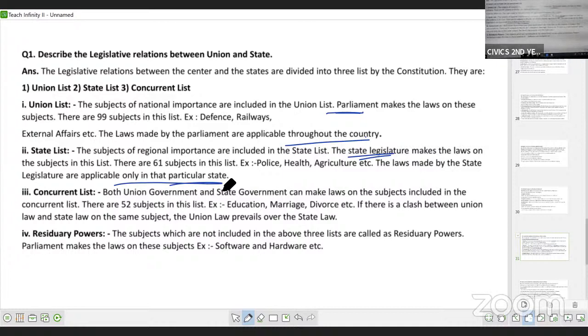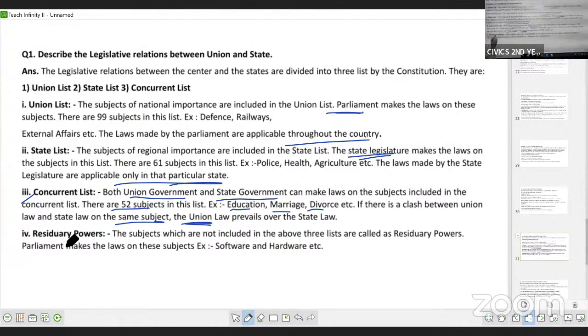Now coming to the concurrent list, both the union government and the state government can make laws on these subjects. There are 52 subjects like education, marriage, divorce, etc. If both the governments make law on the same subject at a time, then the laws made by the union are implemented.